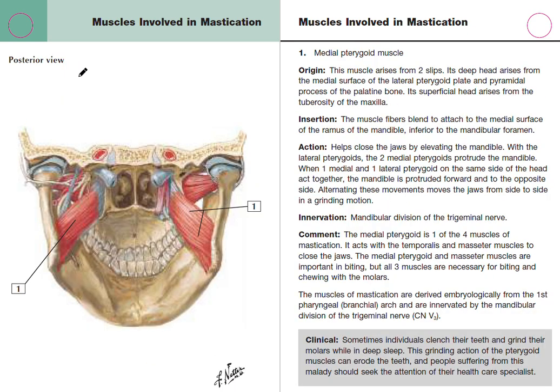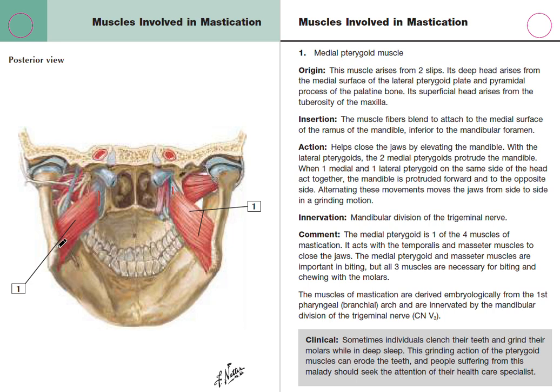Our third muscle of mastication, the medial pterygoid, seen here better in posterior view. This muscle arises from 2 slips. Its deep head arises from the medial surface of the lateral pterygoid plate and pyramidal process of the palatine bone, and its superficial head arises from the tuberosity of the maxilla.